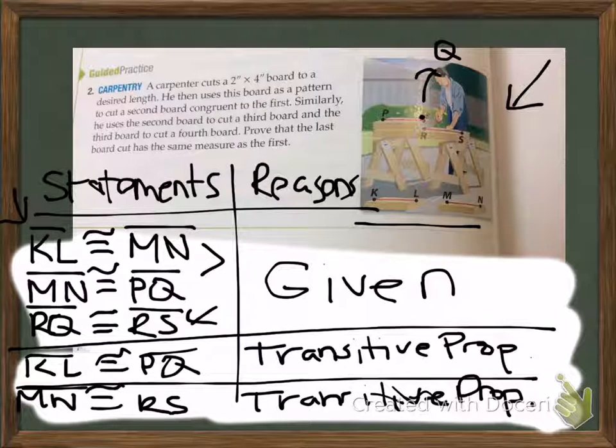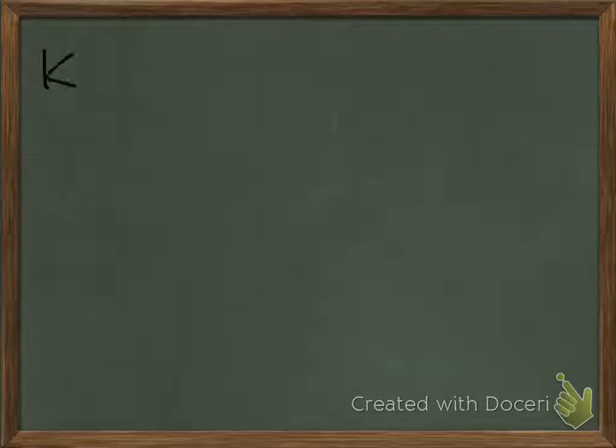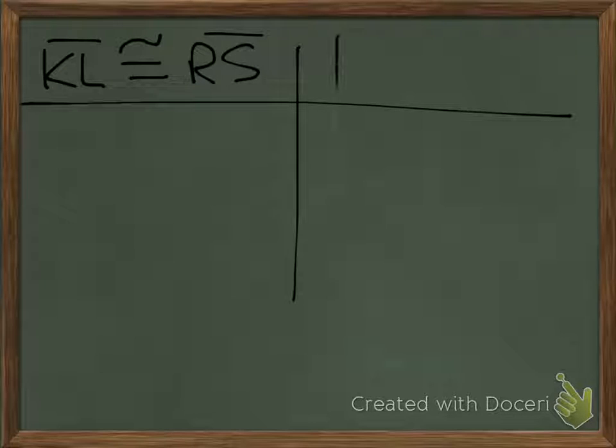So we could take out the MN and the PQ and make KL congruent to RS. And that's another transitive property. So we're actually using the transitive property 3 times.